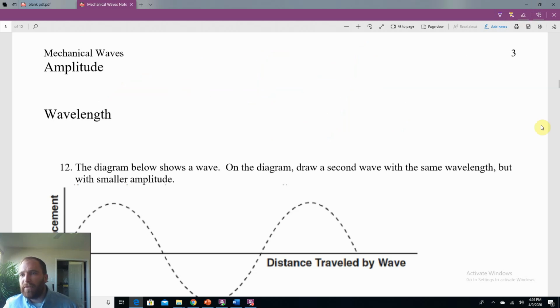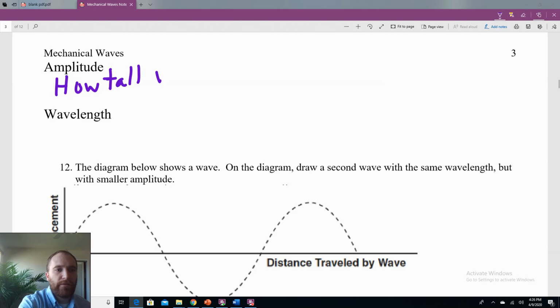So let's get a couple quick definitions here. Our definition for amplitude will be how tall the wave is. That's basically what it means.